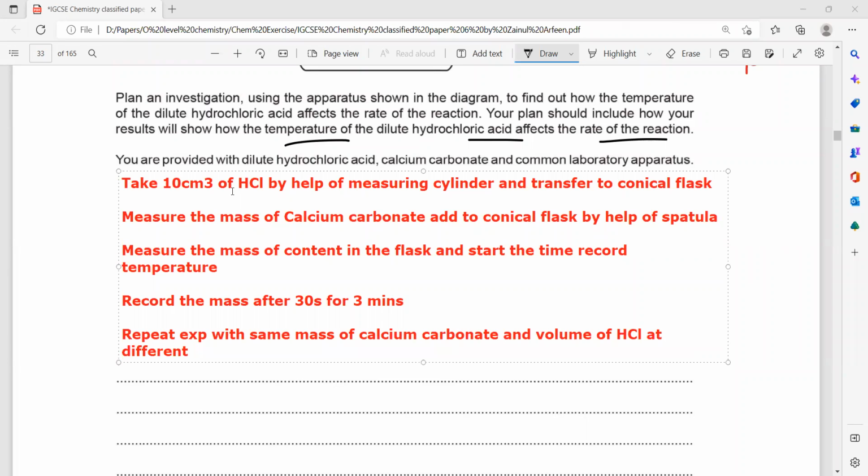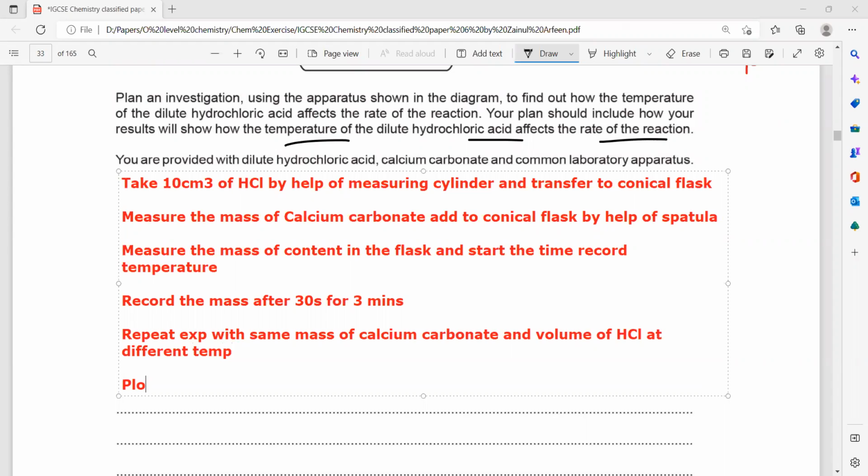And how can I make the temperature different here? I can warm it, or place it in a thermostatically controlled water bath. That is also fine. Like first we took hydrochloric acid at 20, then we warmed the hydrochloric acid to 30 and did the experiment, then 40 and did the experiment.